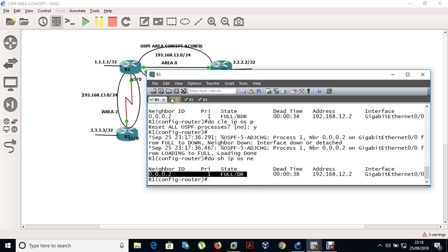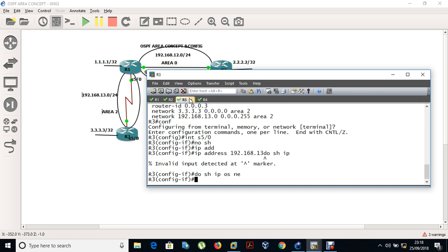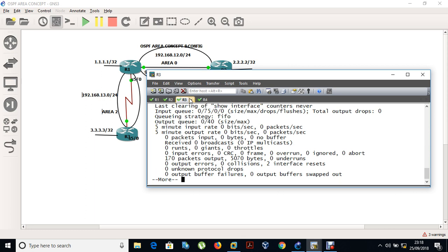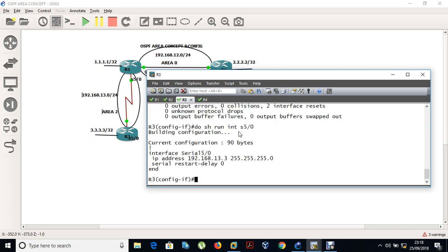Okay, if we go to R1 now, R1 does not still see this guy. So let me go this interface as well. Interface serial 5/0. Do show run interface serial 5/0. I'm just troubleshooting on this one now. So now this one is not shut down.